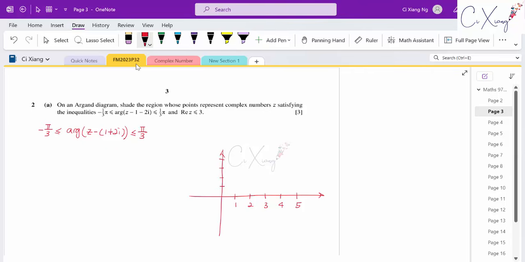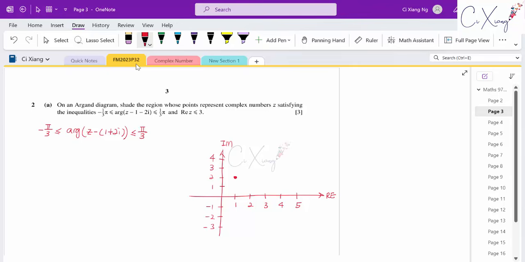I will sketch and put in the scale, the ratio for the x and y axes first. Now I will plot the point 1 plus 2i. The point 1 plus 2i on the Argand diagram is 1 and 2. This is my point here, 1 plus 2i.